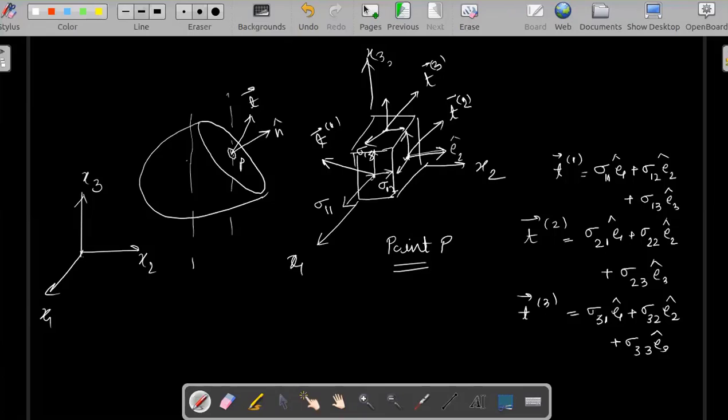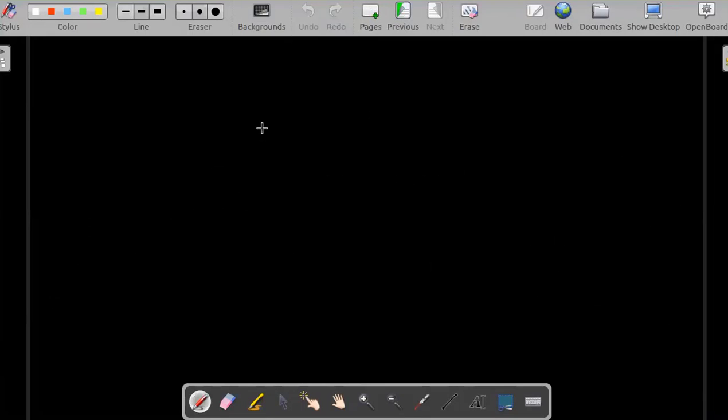Now let's consider a tetrahedron formed by the coordinate system. For example, this is x1, x2, and x3.